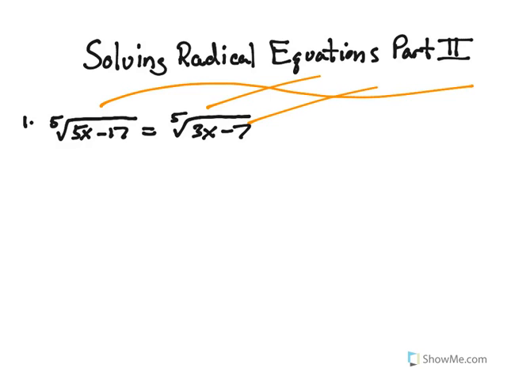Here we have the fifth root on both sides. So we have two radicals, and we're going to take the fifth root on both sides. In order to get rid of the radicals, we are basically going to raise both sides to the fifth power.